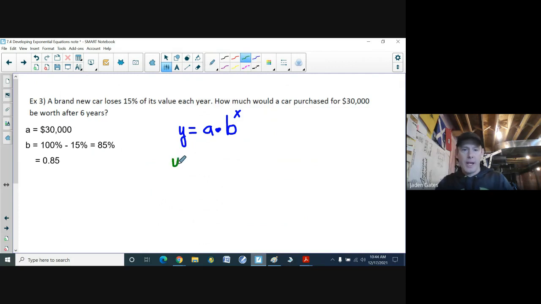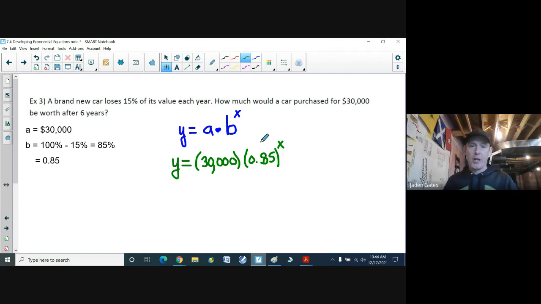Plugging in, we get y equals $30,000, our b value is 0.85, and we have to the power of x. What you can see in this situation is this b value is less than 1, which means this is an exponential decay equation, because the car is losing value, not gaining value.